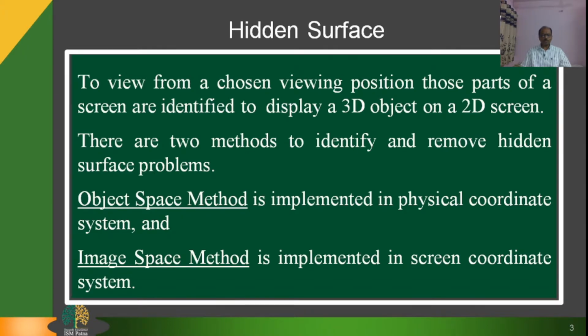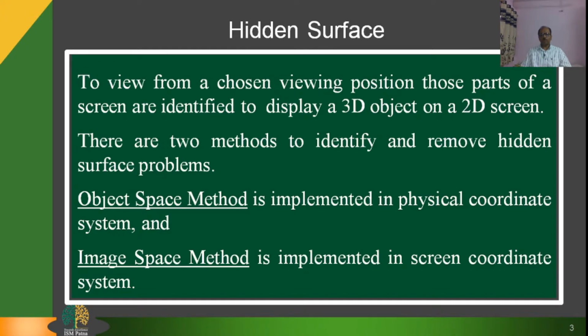Most commonly, there are two methods for removing hidden surface problems. One is known as the object space method, while the other one is the image space method. The object space method is implemented in the physical coordinate system, and the image space method is implemented in the screen coordinate system.